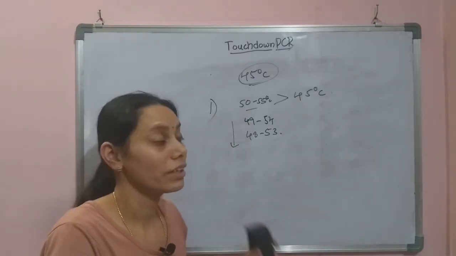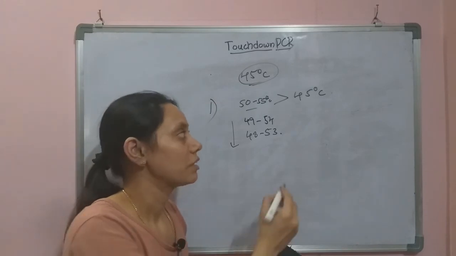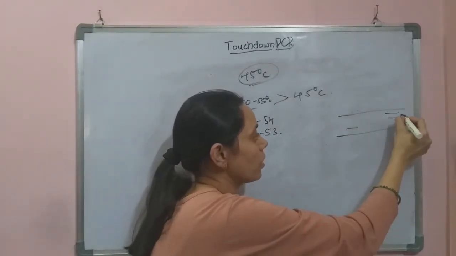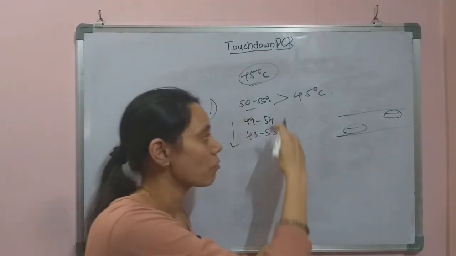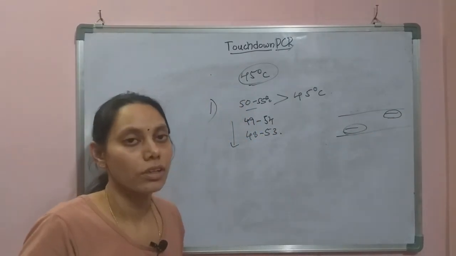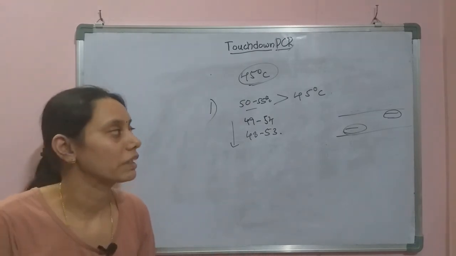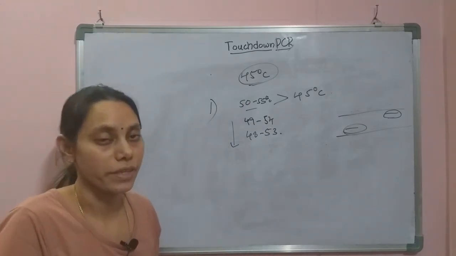By sequentially decreasing the temperature, annealing of the primer to the target sequence is possible at least at one of those high temperatures, and non-specific binding is not at all possible during the initial high annealing temperature cycles.